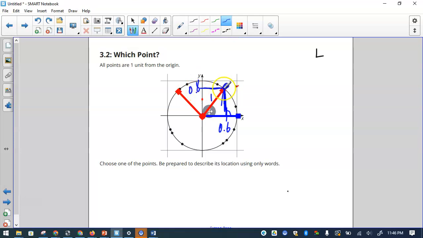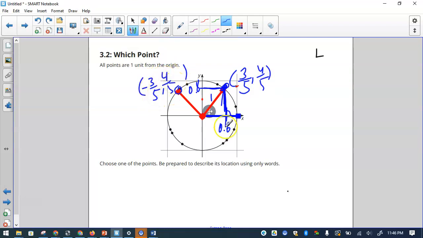So that point becomes like a 6 pi. Zero point 0.6 means 6 over 10, which is 3/5. We can check, and this will be 4/5. But this side, this point will be minus 3/5 and 4/5.